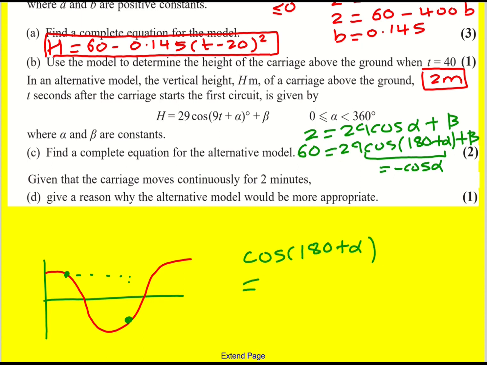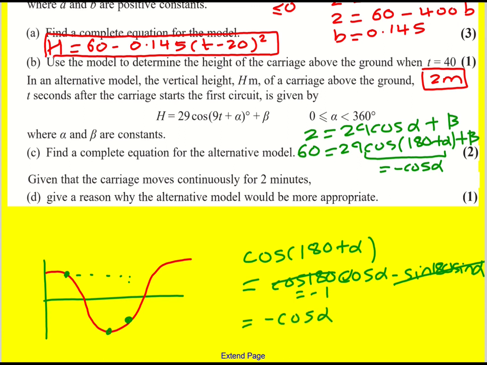So cos(A plus B) is cos A cos B minus sin A sin B. So in this case, cos 180 cos alpha minus sin 180 sin alpha. And sin 180 is actually 0, then cos 180 is minus 1. So I've proven using addition formulae that this is true.